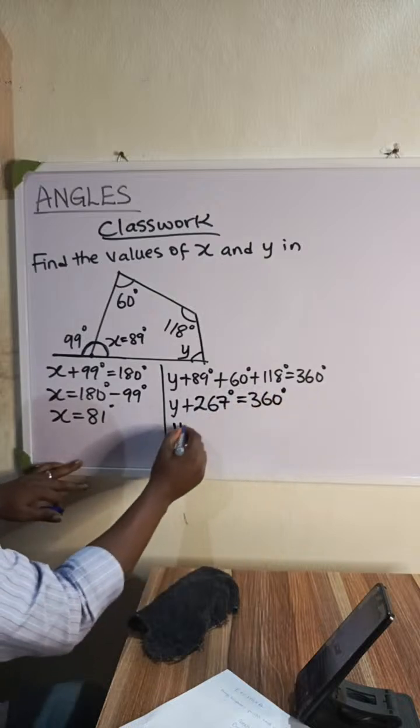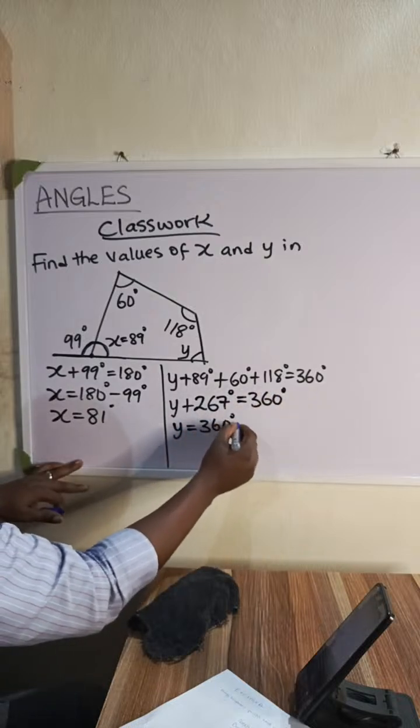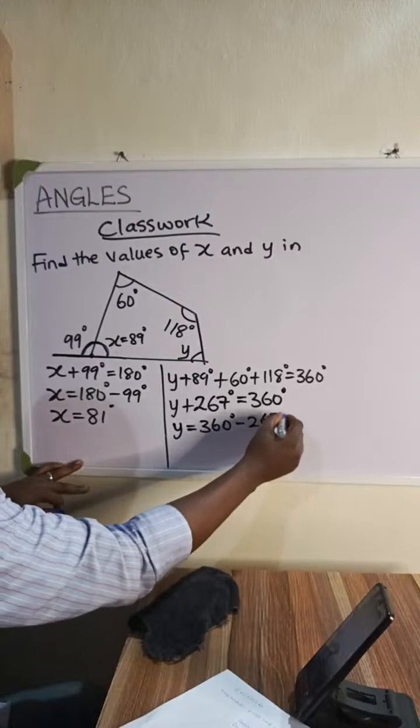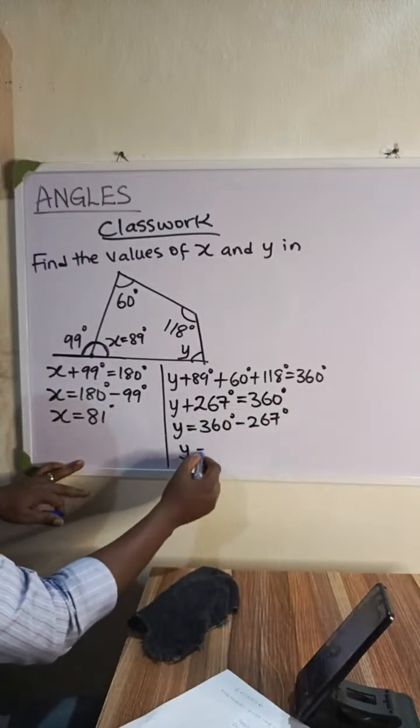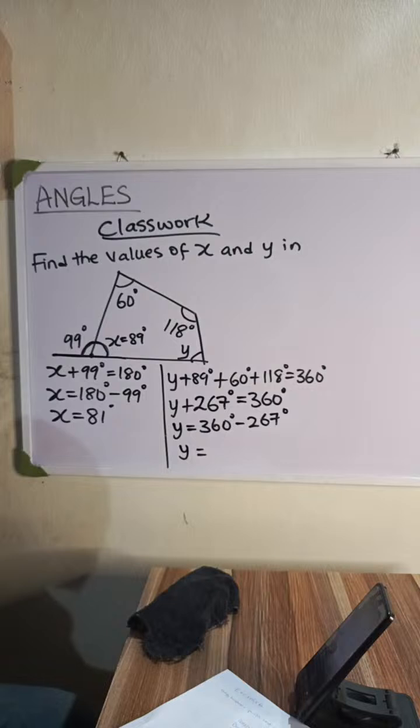So y is equal to 360 degrees minus 267 degrees. Y is equal to... someone is saying 257. Is it 257? Someone is saying 259.